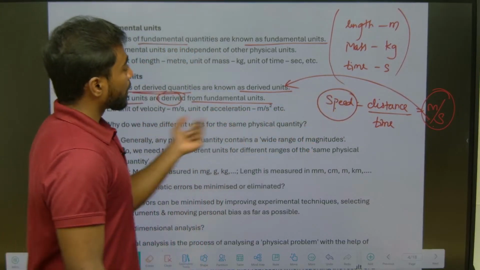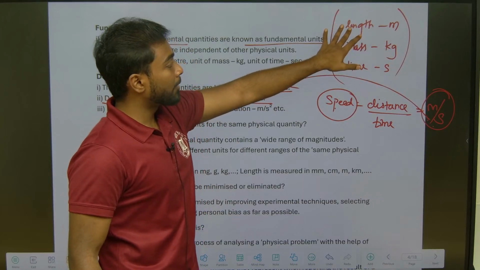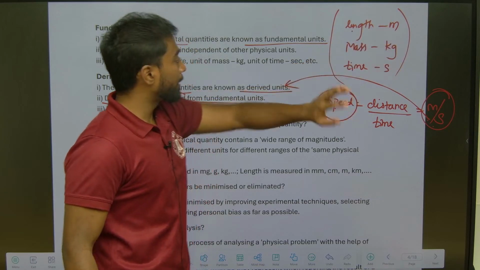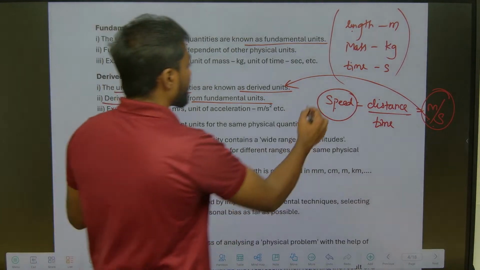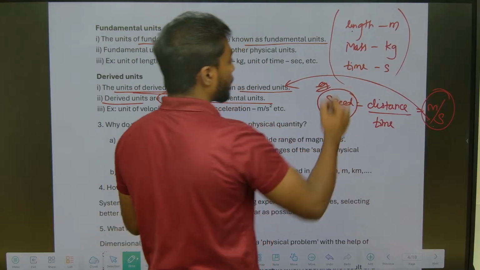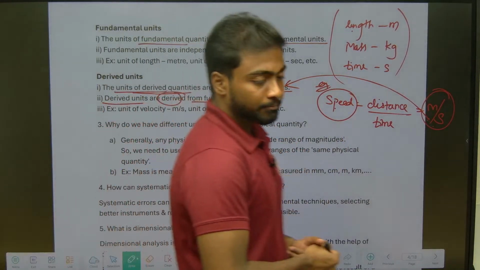So length is a quantity whose unit is meter, a fundamental quantity with a fundamental unit. This is the thing. You can take a note of this and take an example; if you mention the example, it will be easy to understand.